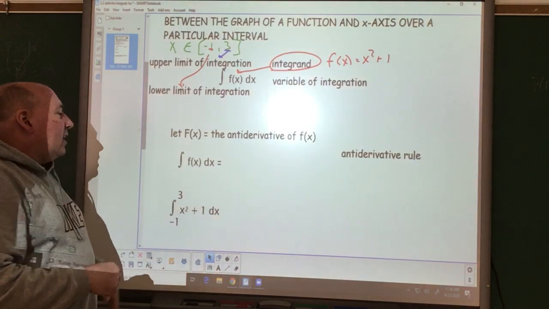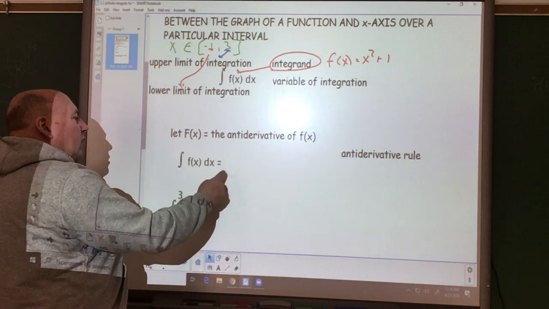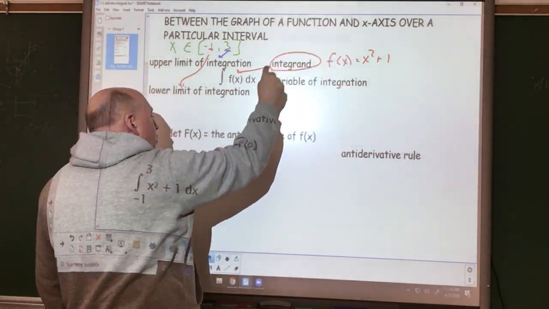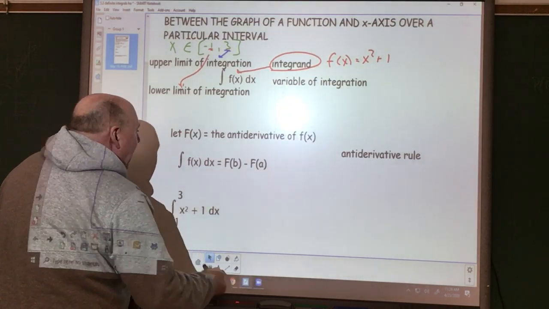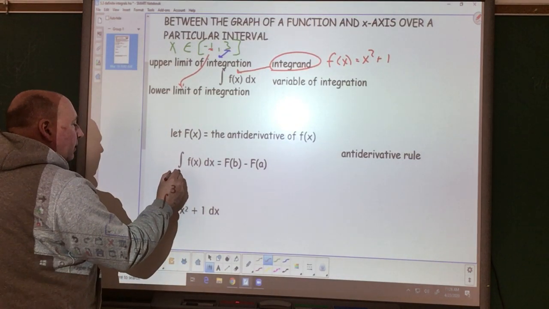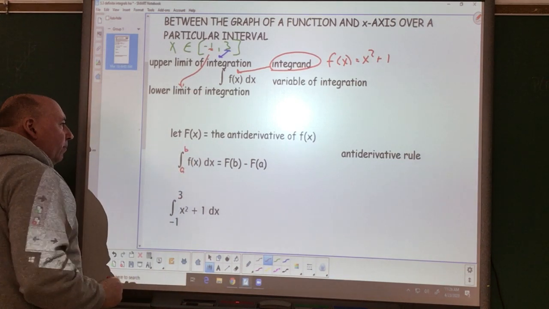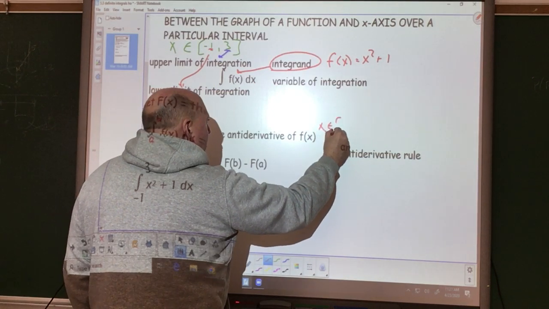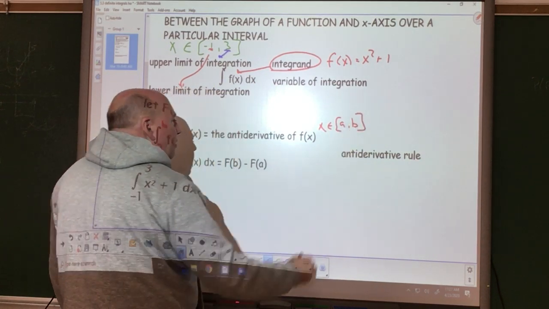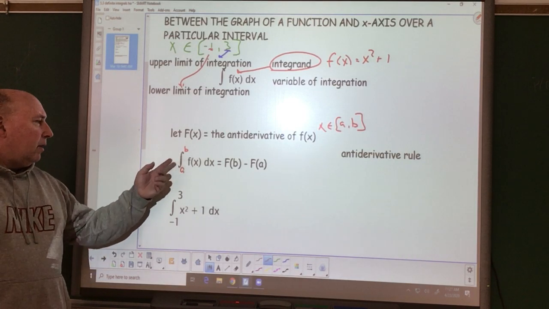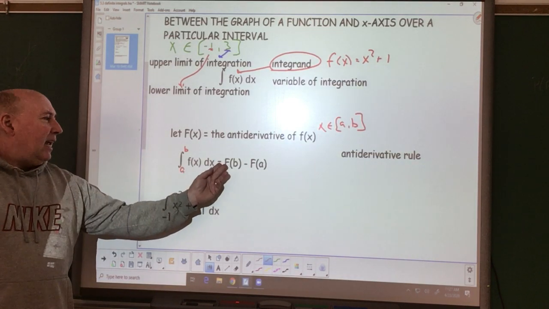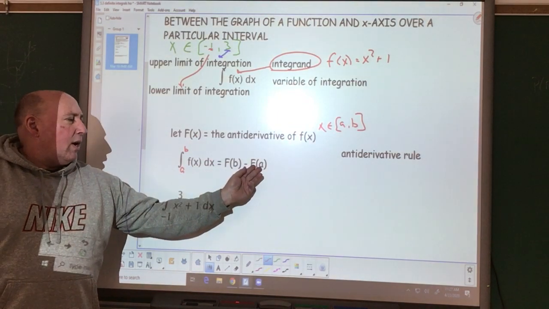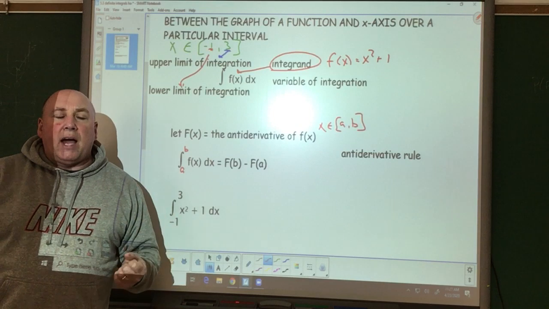If I take the antiderivative from a to b, so we're looking at a function f of x and limits of integration from a to b, I take my antiderivative of my function and evaluate it at b and subtract off the antiderivative evaluated at a.